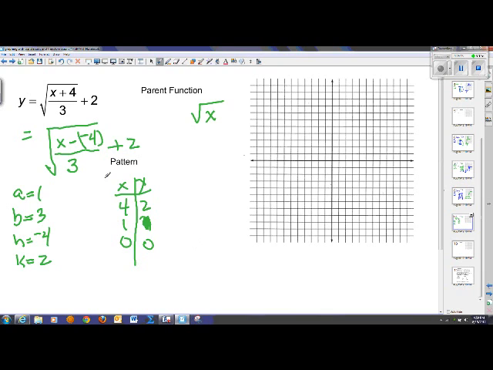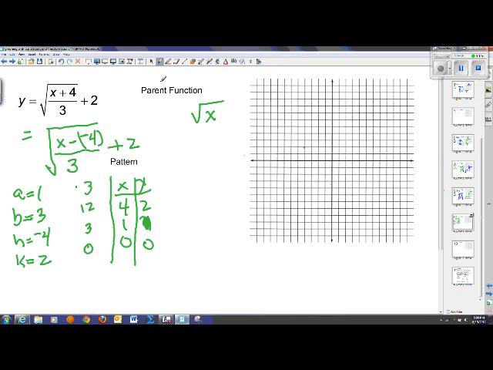I'm going to go ahead now and multiply all my x values, because that's what b is. It's an x multiplier, by 3, giving me 12, 3, and 0. So my translated origin now goes back 4, 1, 2, 3, 4, and up 2.